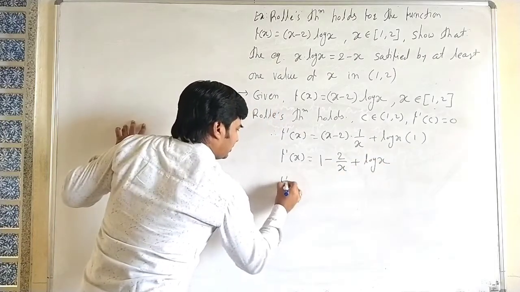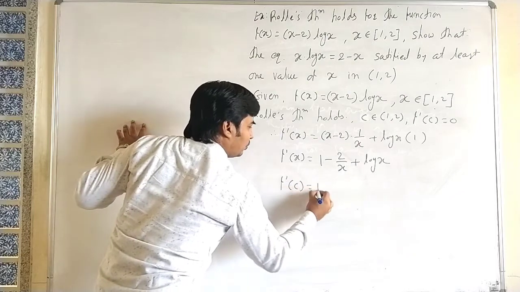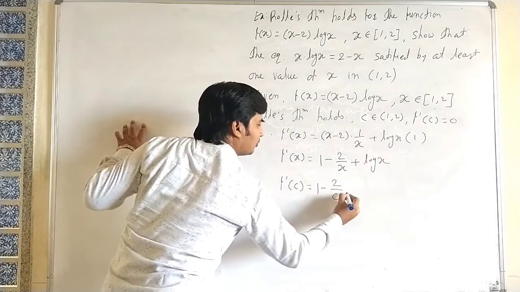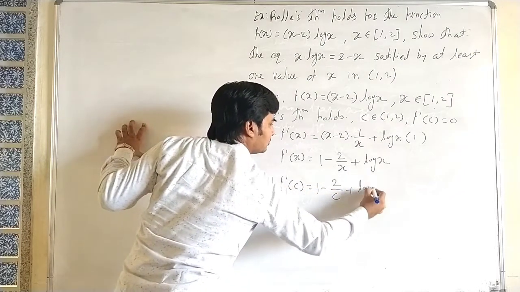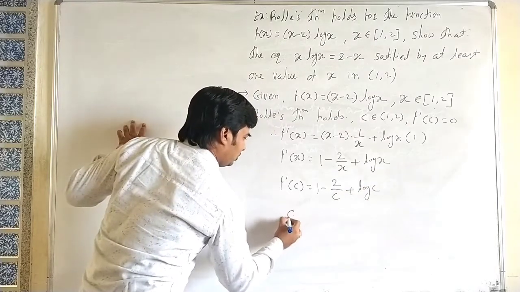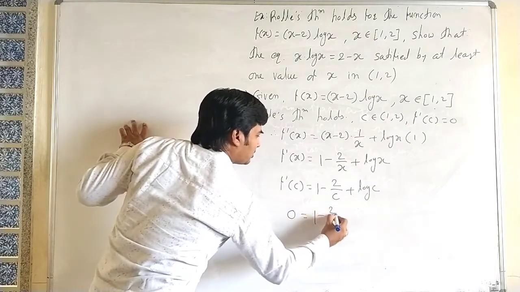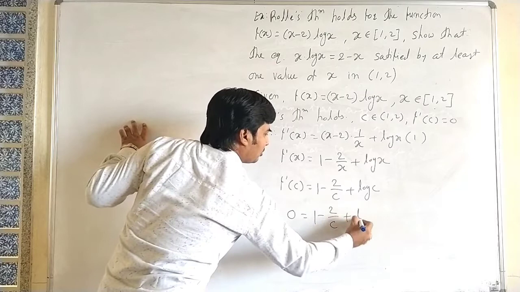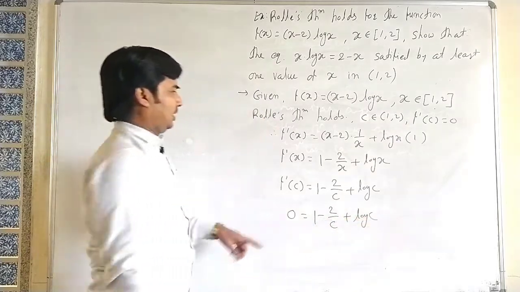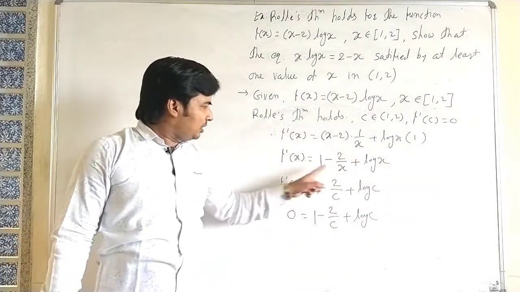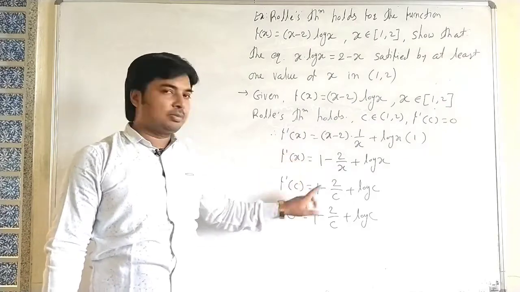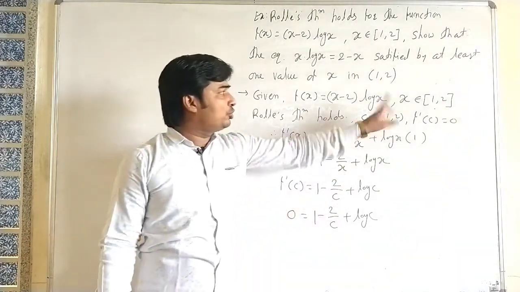Then f dash of c is 1 minus 2 by c plus log c. And then f dash of c equal to 0. Therefore, 1 minus 2 by c plus log c. Okay. Here it is f dash of x, then f dash of c, only x replaced by c, and f dash of c equal to 0.